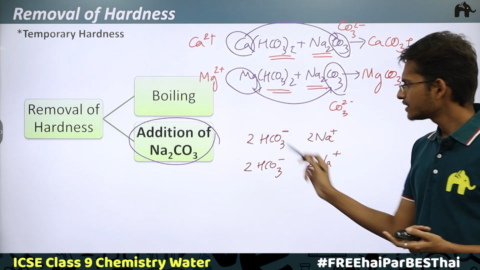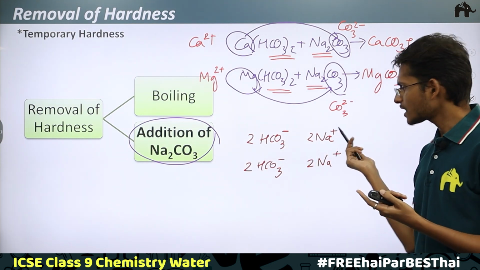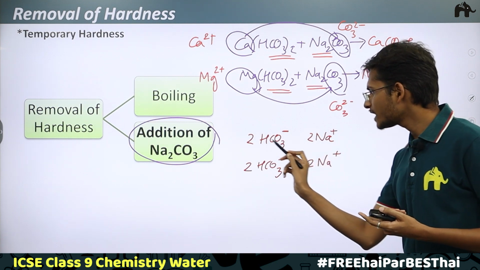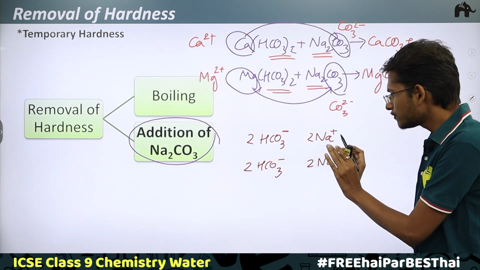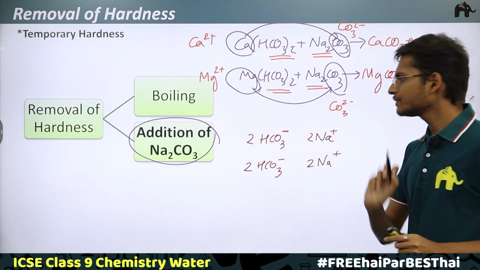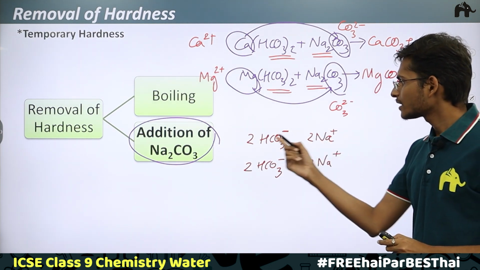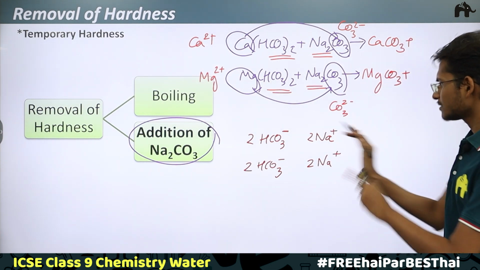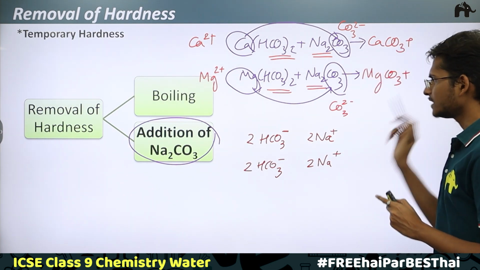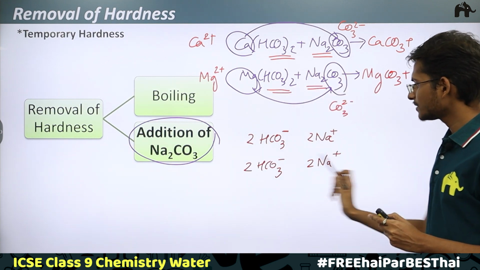So what would they form? The charges are balanced, so 1 Na plus would combine with 1 HCO3 minus, and another Na plus would combine with another HCO3 minus. In both scenarios, the same thing happens.